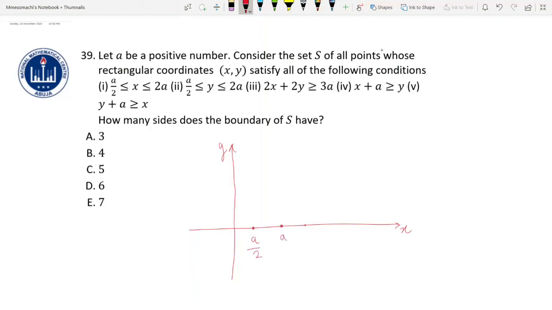This is a. 3a over 2. 2a. Similar thing on the other axis: a over 2, a, 3a over 2, and 2a. Okay. And at this point I just changed color.